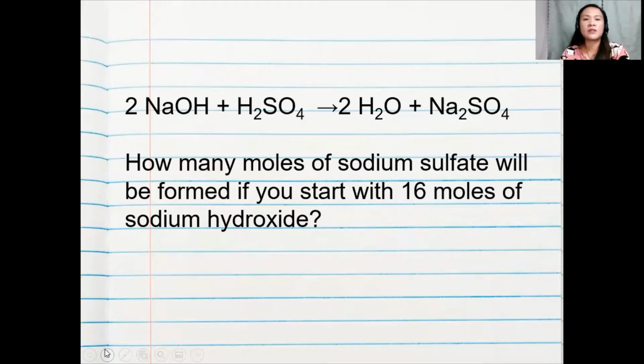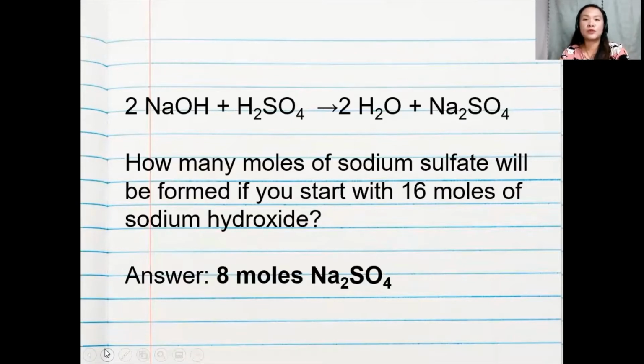And the question is, how many moles of sodium sulfate will be formed if we start with 16 moles of sodium hydroxide? Pause the video and then try to answer it before we finally reveal the final answer. Okay, so if you are now ready to answer, your answer should be 8 moles of sodium sulfate.